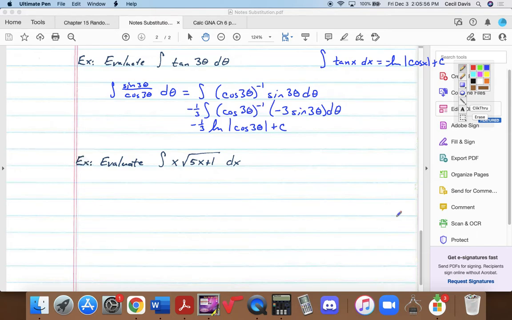I will say occasionally books will put the negative 1 back as an exponent on the cosine. Cosine of x raised to the negative 1 power is 1 over cosine, which is secant. So sometimes you'll see it written this way: the natural log of the absolute value of secant of x plus c. Both are acceptable.